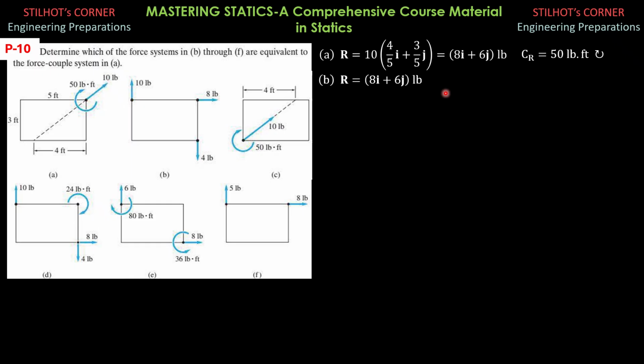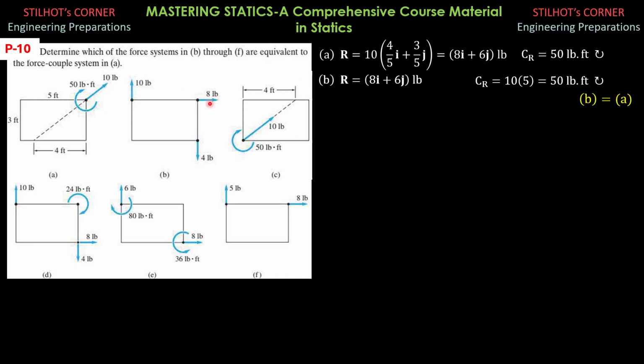For the resultant couple, only the 10-pound force has moment about this top right corner. So it is 10 times 5 clockwise, which equals 50 pound-foot. Since part B has the same resultant and couple, it is equivalent to part A, so we conclude B equals A.